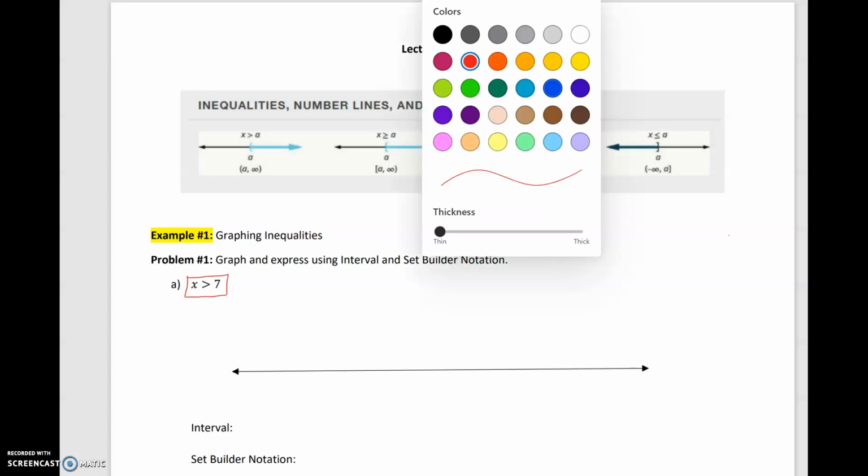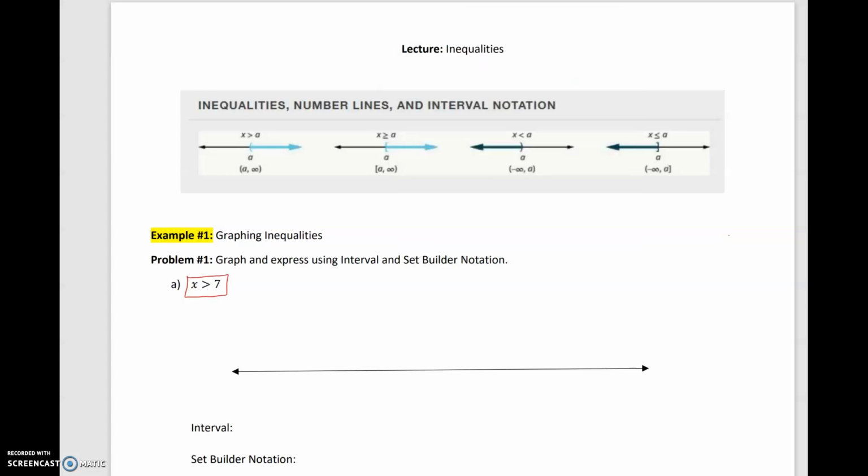When we graph these inequalities, we typically mention where zero is at, and then you can label them in units of one. I'm just going to move to 7, and the solutions to all the statements that fit that mathematical statement of x is greater than 7 represent all values that are to the right of 7.